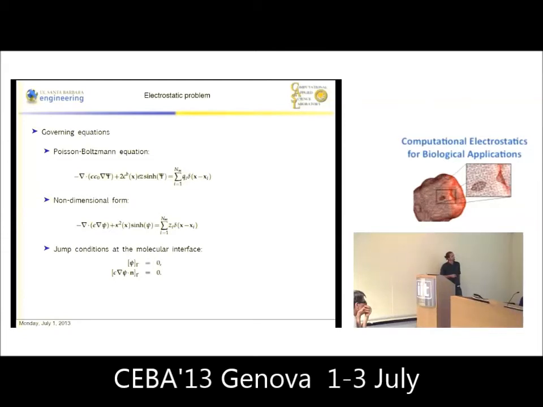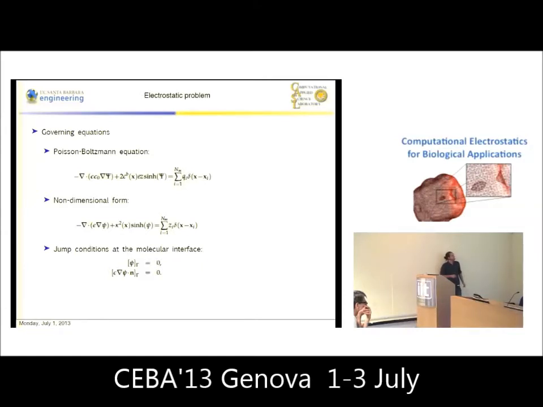So by using this notation, we have the freedom to say that this coefficient is equal to 0 inside the molecule and equal to something else outside. Also, this equation is valid both inside the molecule and outside, and the epsilon coefficient here is different in both domains.